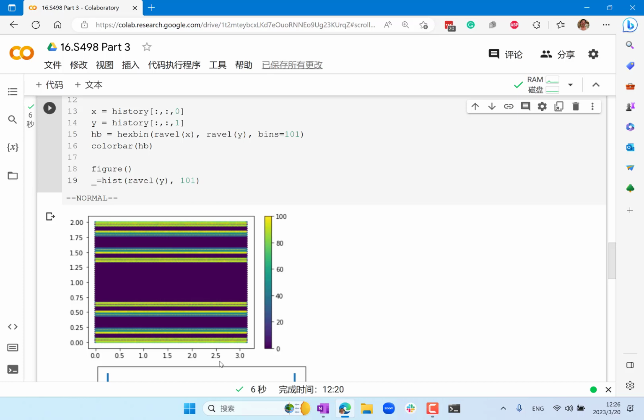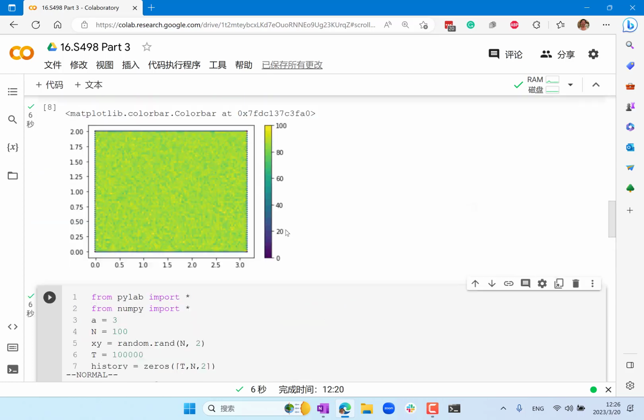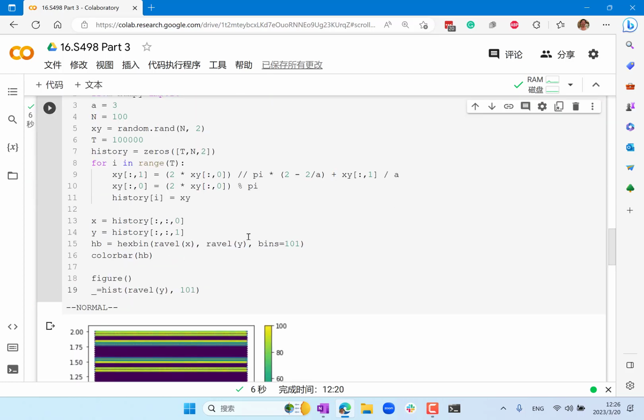Right? So this is the difference between this case and this case, the difference between how people define a conservative chaotic system and a dissipative chaotic system.